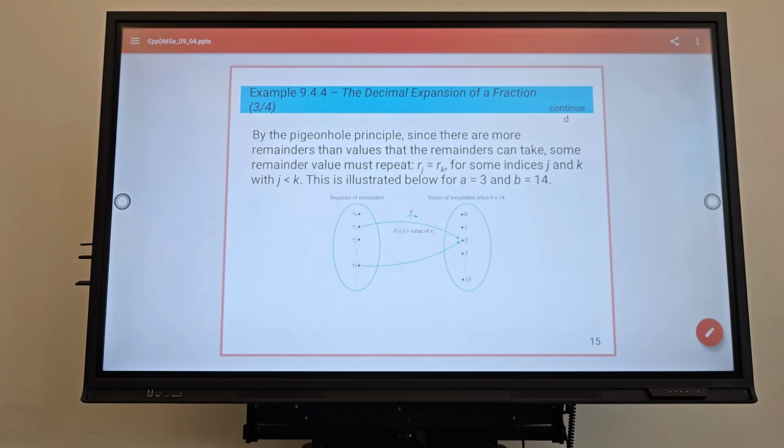By the pigeonhole principle, since there are more remainders than values that the remainders can take, some remainder value must repeat: Rj equals Rk for some indices j and k where j is less than k. This is illustrated again below for a equals 3 and b equals 14.